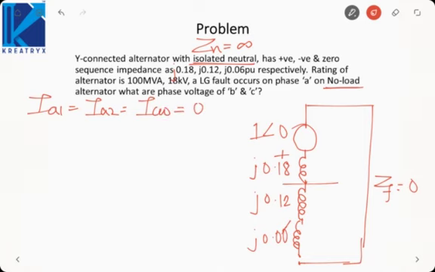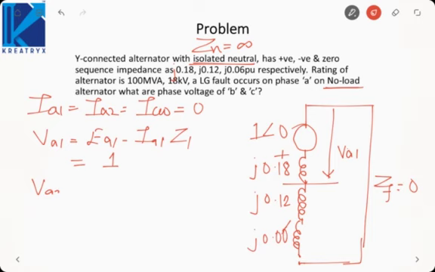Due to which the positive sequence voltage VA1, which is EA1 minus IA1 into Z1, will be equal to 1 angle 0. VA2 is actually minus IA2 into Z2. This will also be 0. Now VA0.